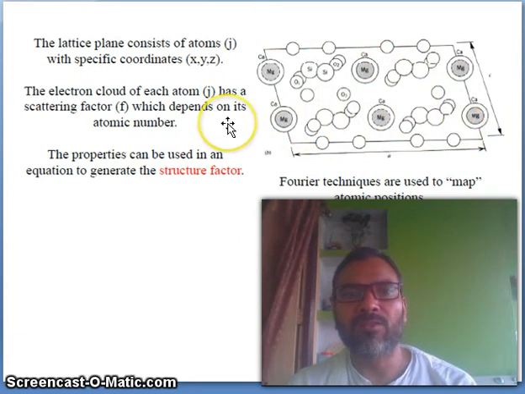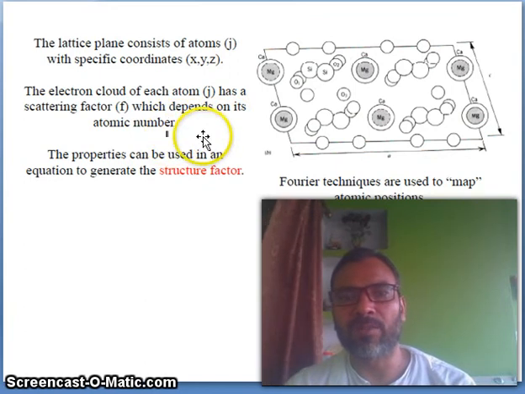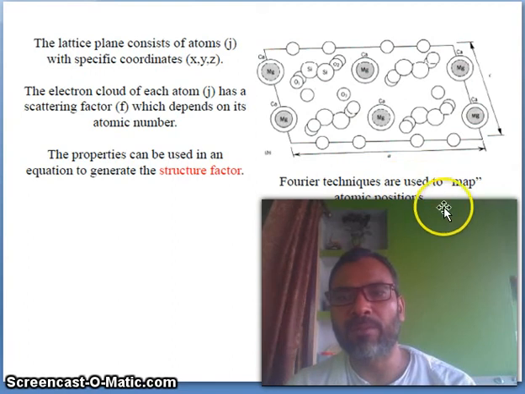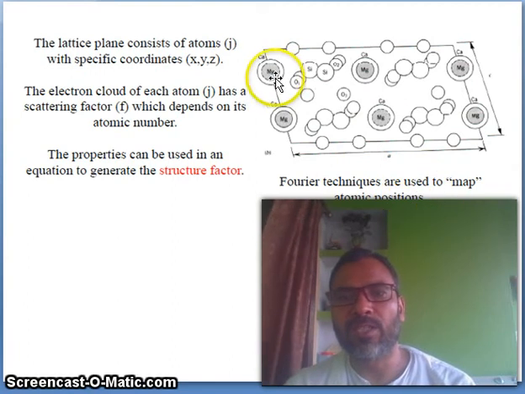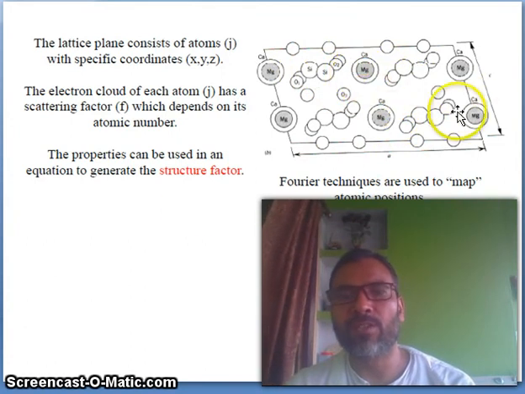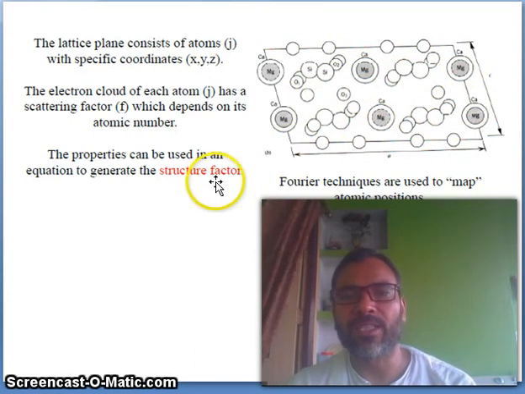The electron cloud of each atom has a scattering factor which depends on the atomic number. You see here, Fourier techniques are used to map the atomic positions. You can see the symmetrical atomic positions. These properties can be used in equations to generate a structure factor.